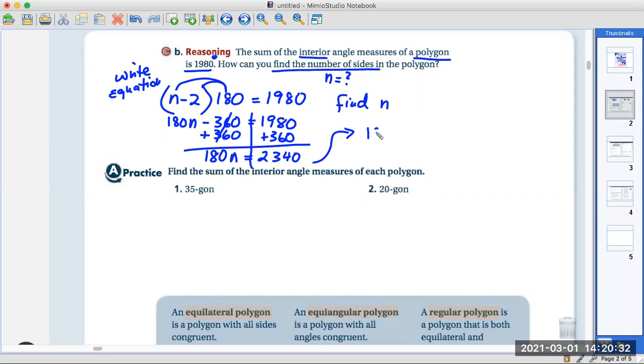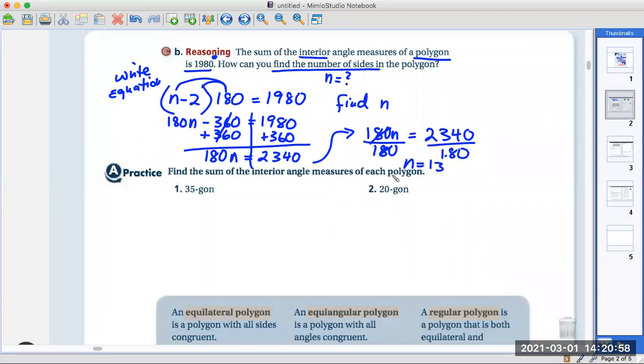I'm going to bring that over here. I'm running out of space. This is what you do when you run out of space: you rewrite somewhere else, make an arrow. Divide by 180. And put this in your calculator. It's a division problem. I think n is 13.